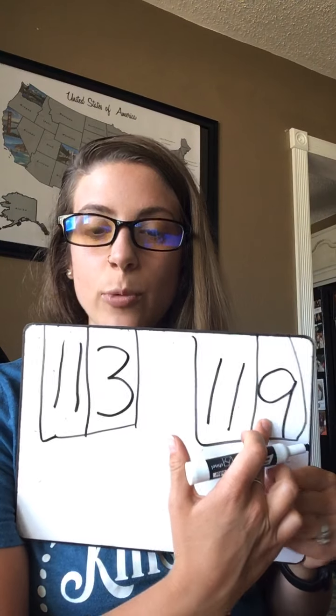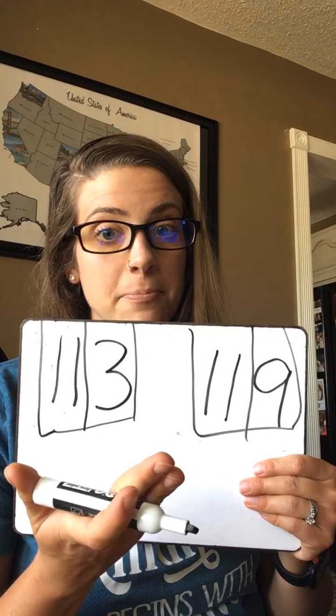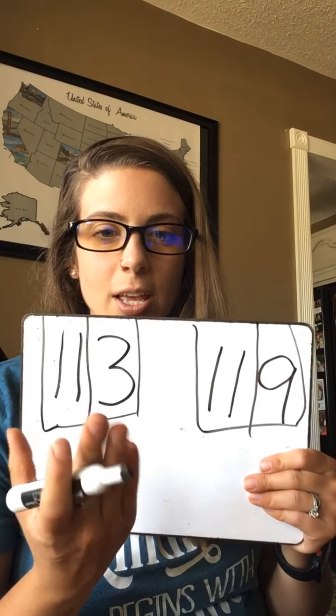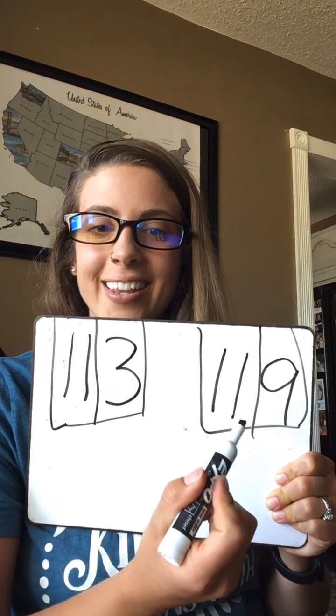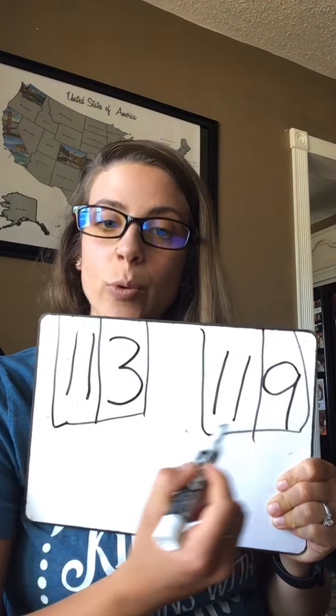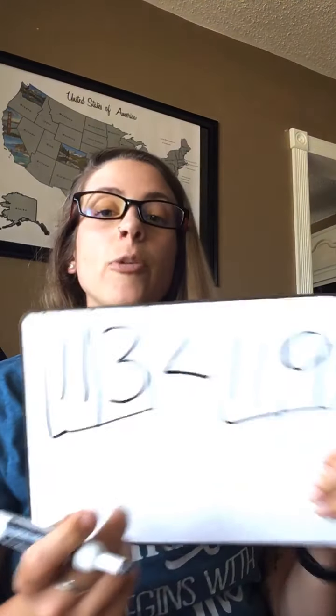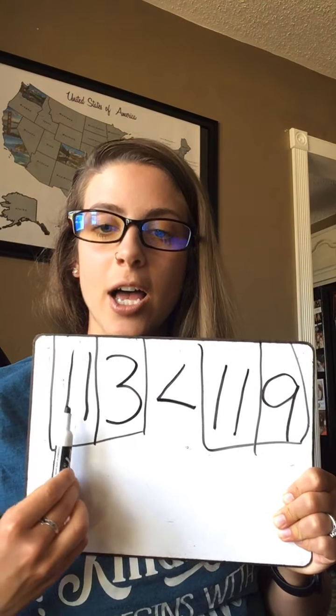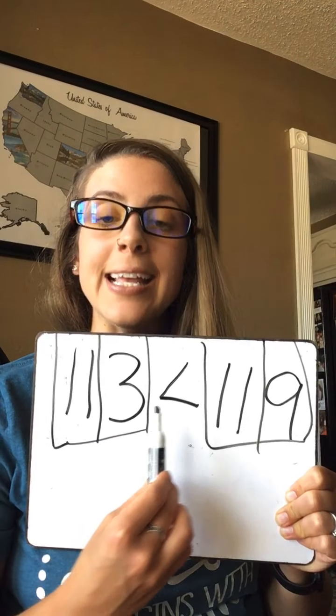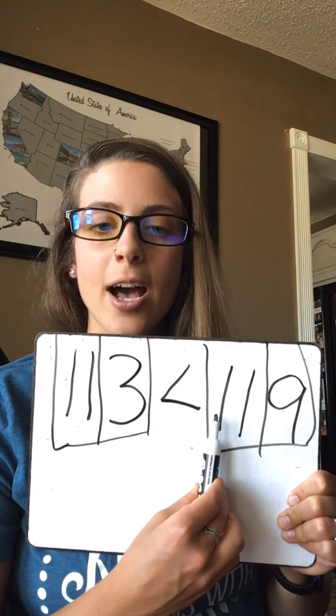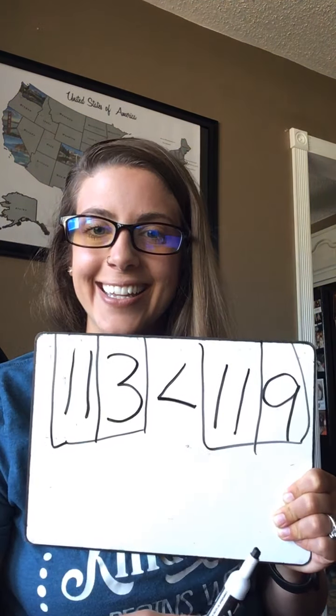So would they be equal? Are they the same number? No. So which one's the greater number? The 9. So we would make our mouth go toward the bigger number. And then we would read this as 113 is less than 119. Great job. Let's do some more.